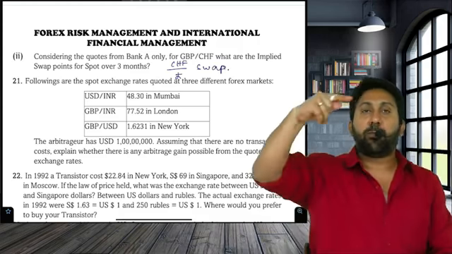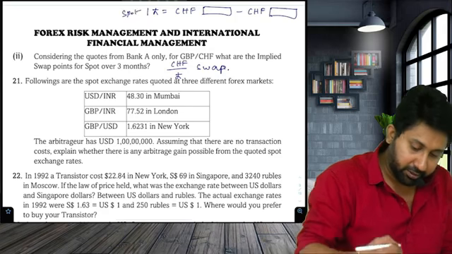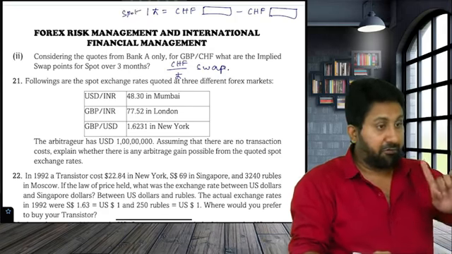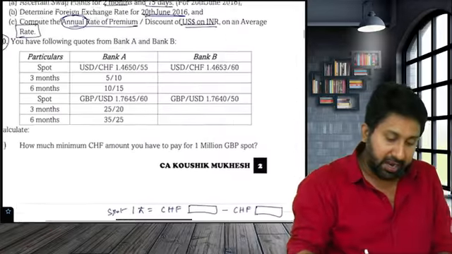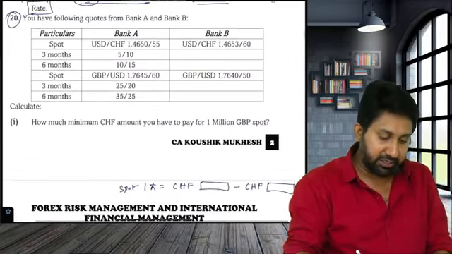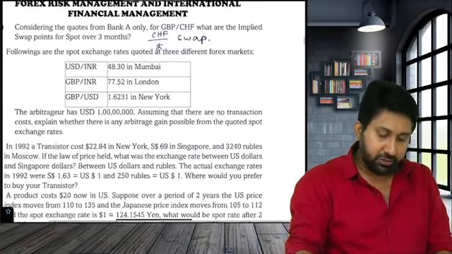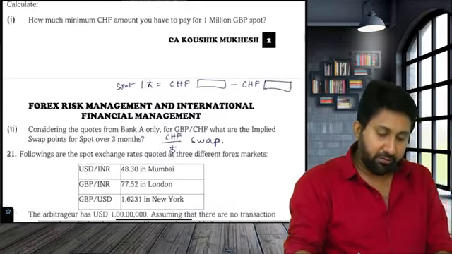See here. I need these rates: 1 pound equal to CHF so much, spot. If I know this, I can add the swap points to this. So first, how many months is he asking in the question? 3 months. So 6 months swap points have no relevance.